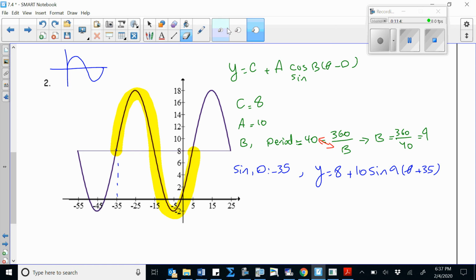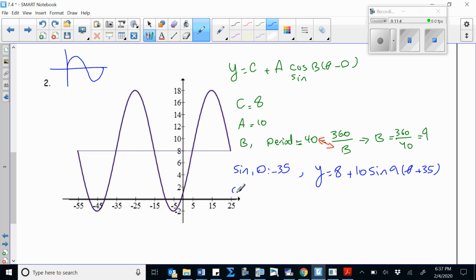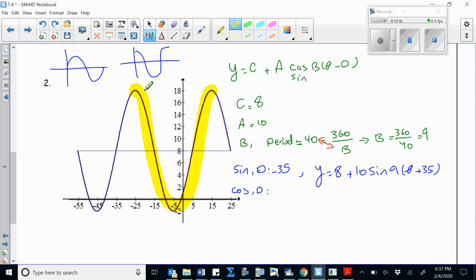Now let's find a cosine function. To find a cosine function, I'm going to look for a pattern like this. It starts with the high point. This is what I can see here. High, middle, low, middle, and high. The starting point for this one is at negative 25.